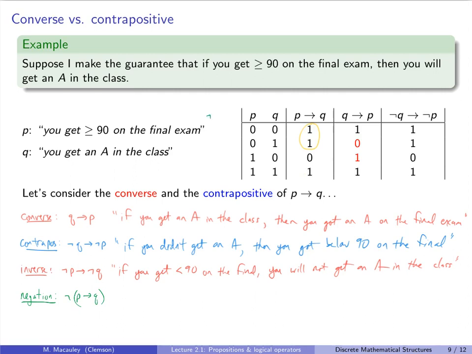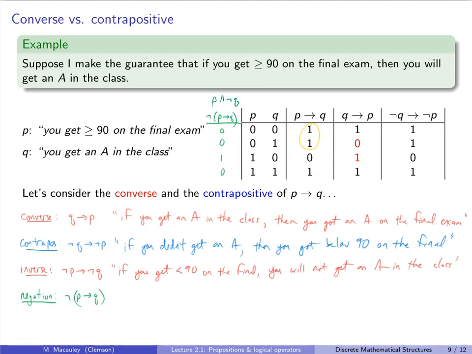So not P implies Q is the opposite of P implies Q. So that is 0, 0, 1, 0. And notice that that is true only when P is true and Q is false. So that is P and not Q.